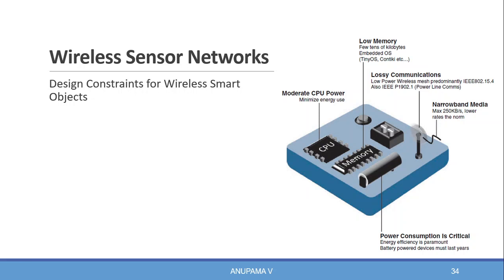So these are some of the design constraints in the wireless sensor networks to be considered. Based on the design constraints, WSNs are designed, deployed and utilized. Smart objects with limited processing, memory, power and so on are often called constrained nodes.